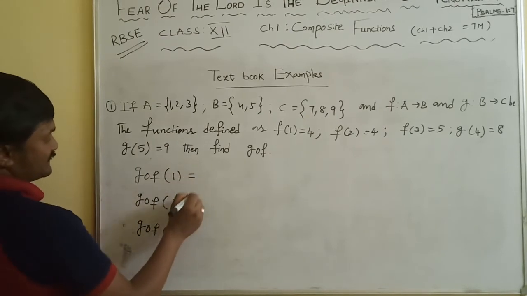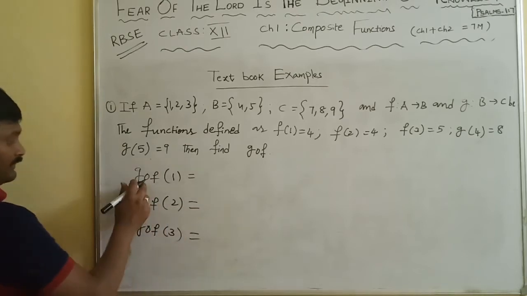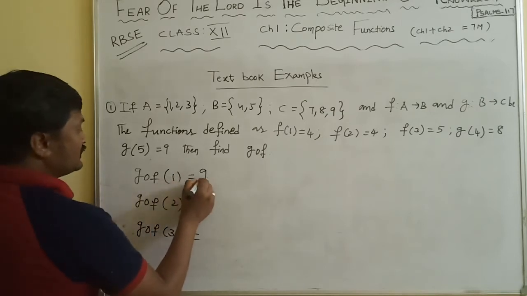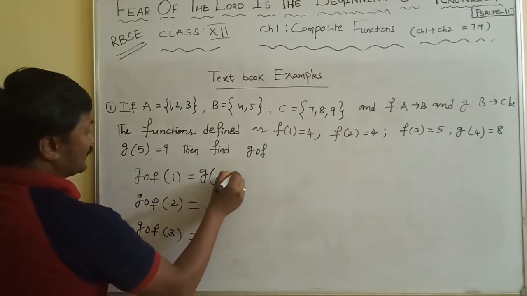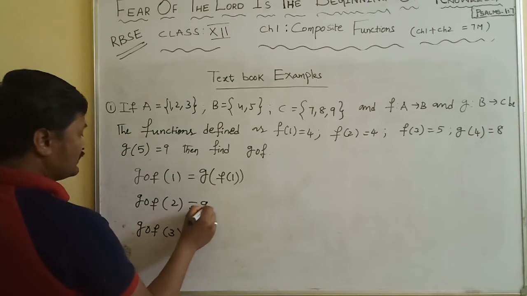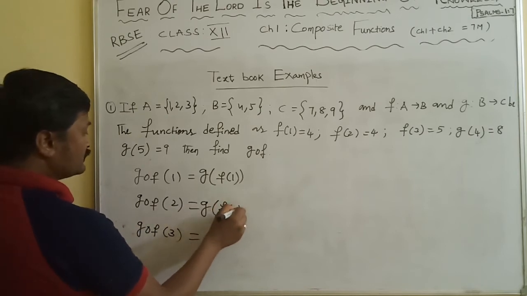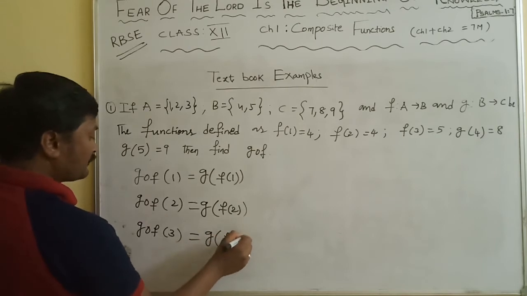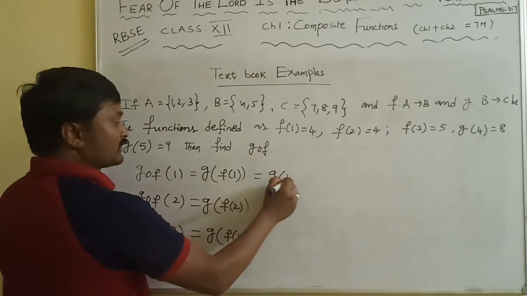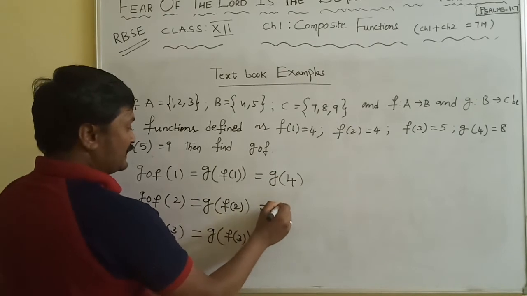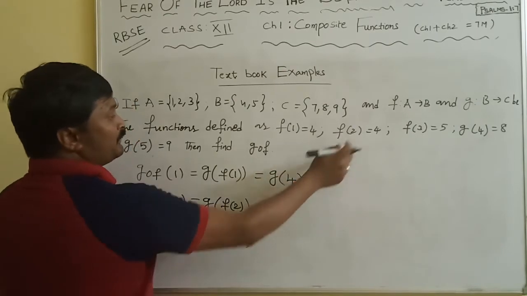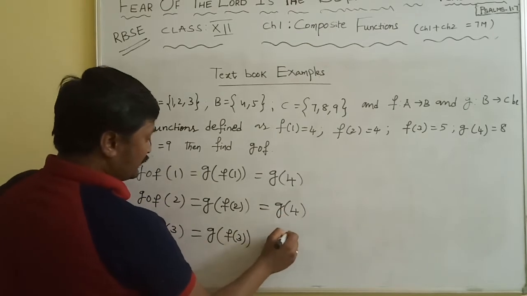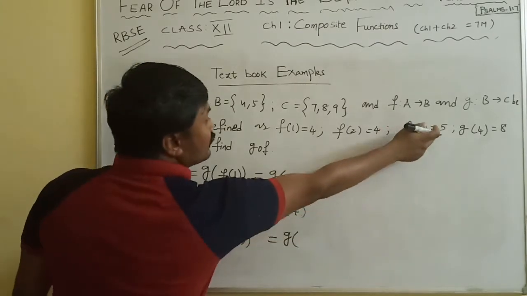Now how to write this? You already know, when the circle is there, remove that and just write the bracket. Means g of f of 1, g of f of 2, and g of f of 3. Now check: f of 1 is 4, so write g of 4. Same method, g of f of 2 means what do you know? 4. And again g of f of 3 means what do you know? 5.